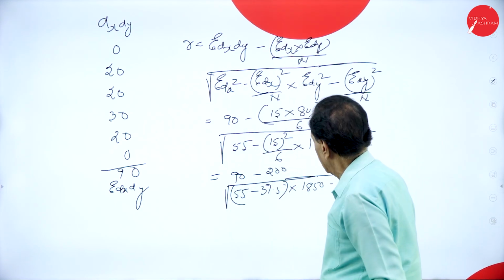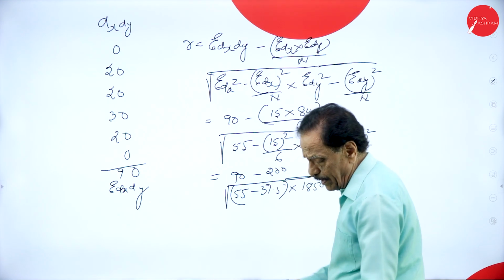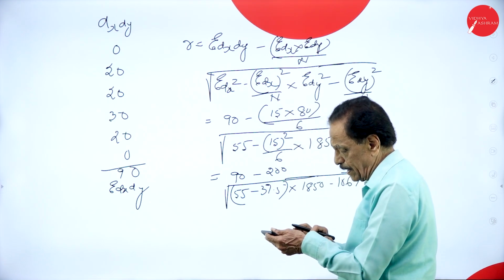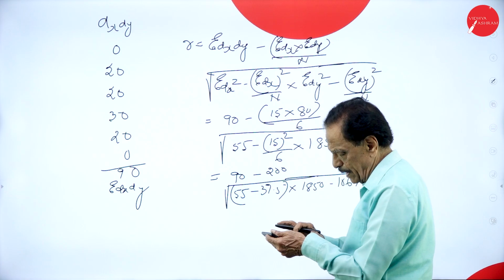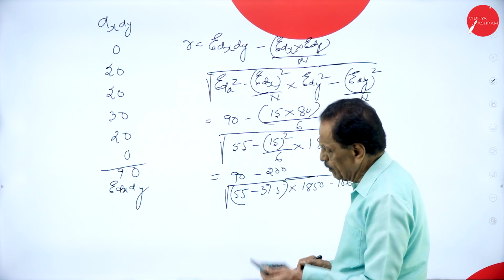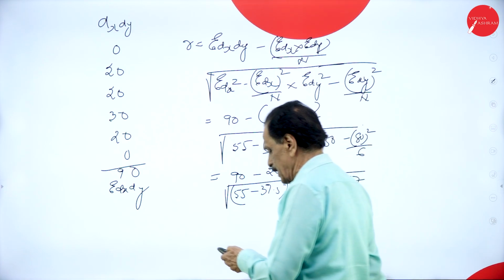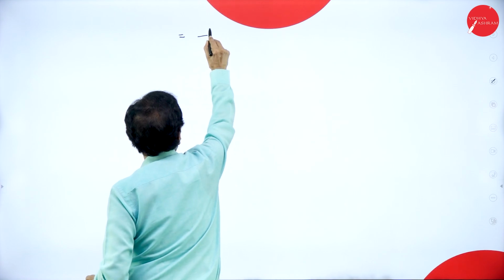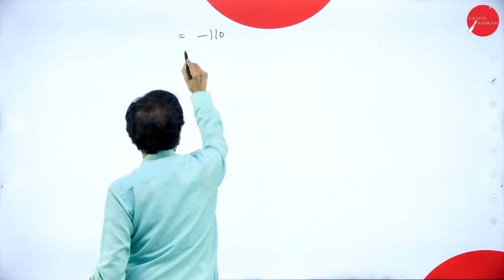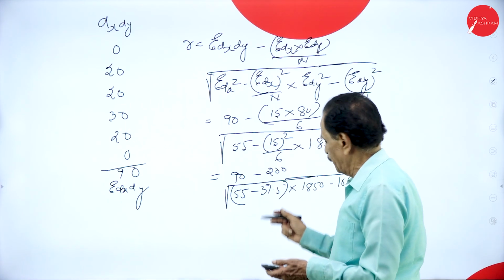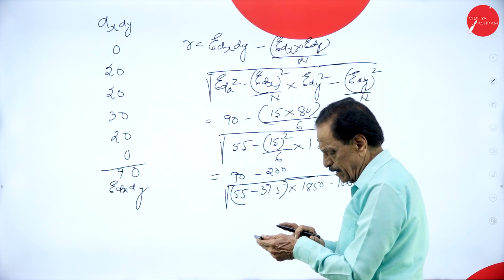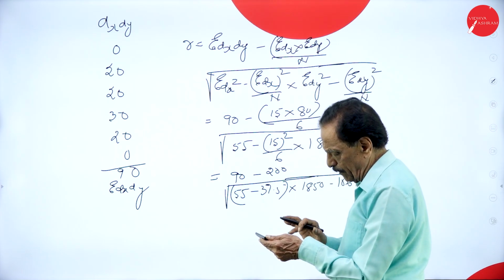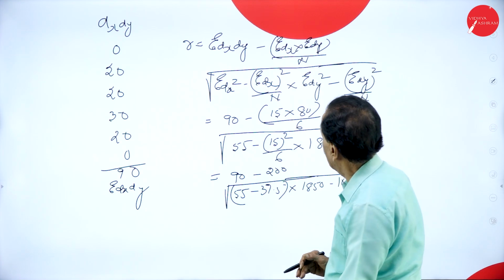Simplify this. 200 minus 90 is equal to minus 110, divided by root of 55 minus 37.5, 17.5.